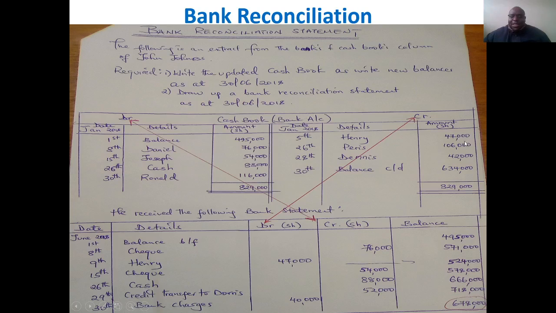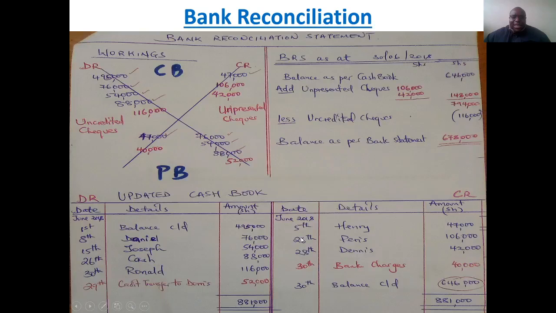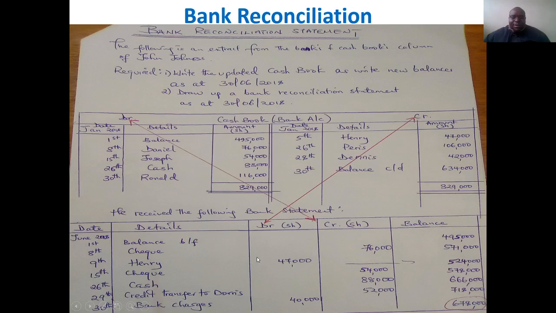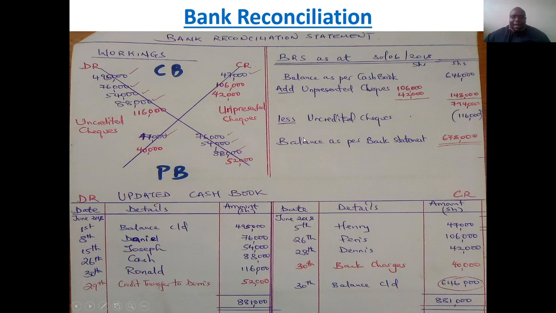We have 47, 106 and 42. 47 is reflected again here. But 106 and 42 are not reflected. So 106 and 42 are recorded at the top here because they belong to the cash book.